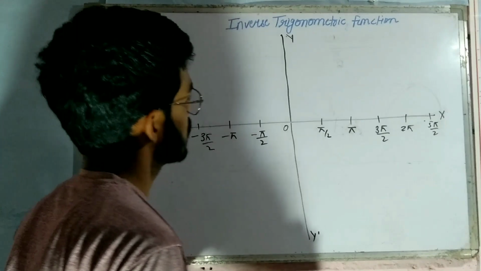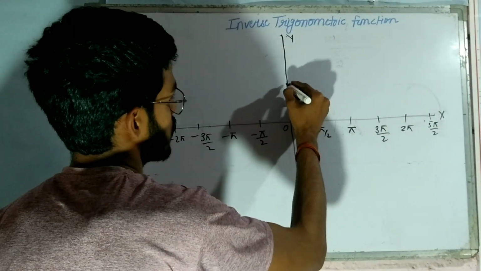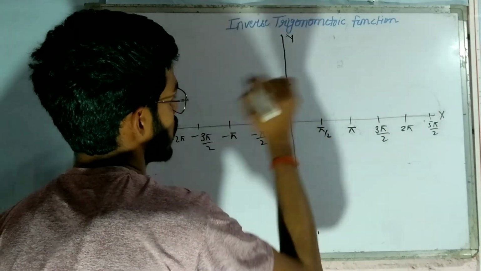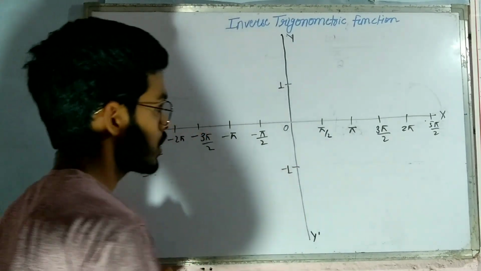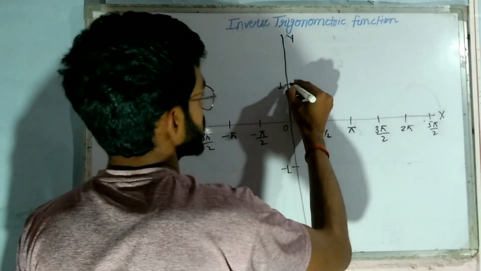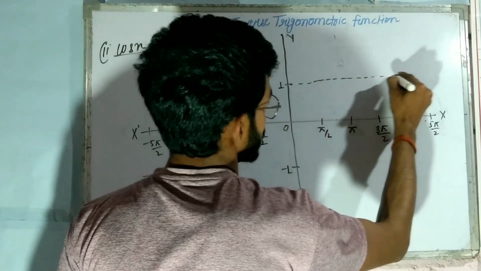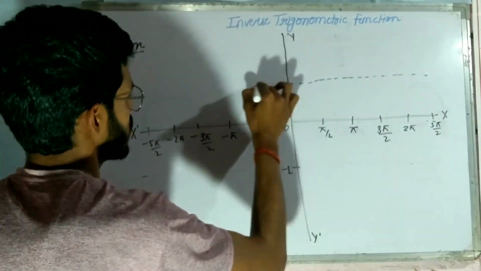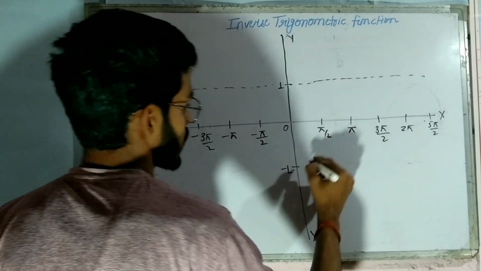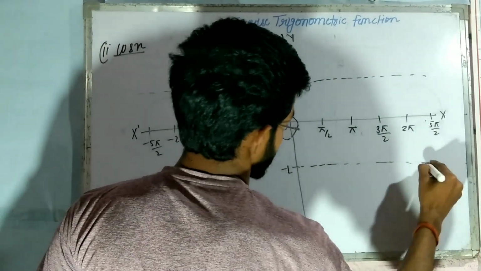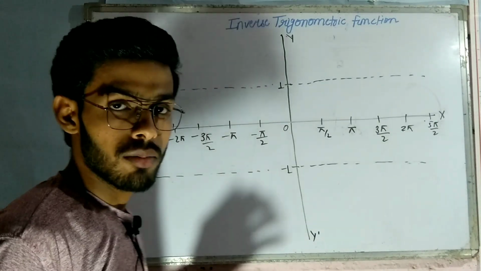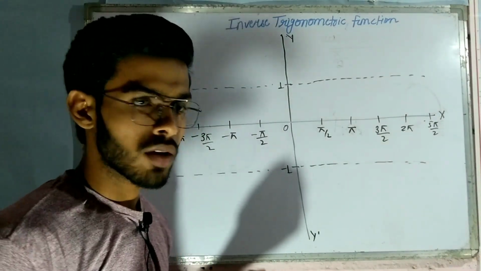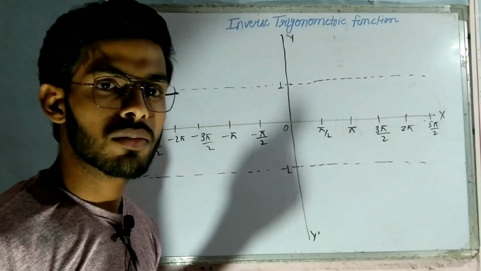And we also consider positive 1 on the positive y-axis and negative 1 on the negative y-axis. This is the limit you can consider for cos x, because the value of cos x lies in the closed interval -1 to +1.